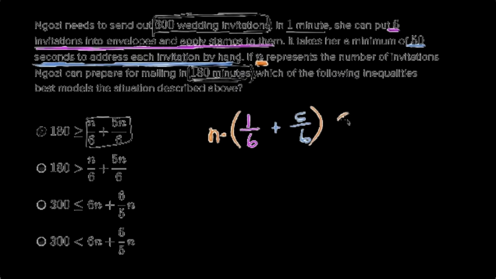So we could write it like this. We could say less than or equal to 180, or we could write that 180 is greater than or equal to that.